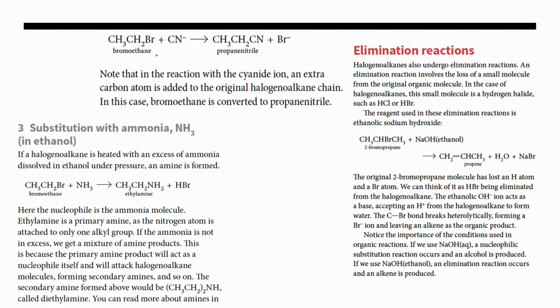In terms of producing your nitriles, you're looking at the addition of cyanide, and this is going to produce a nitrile. You have a substitution with ammonia to produce your necessary amines. This reaction occurs when your ammonia is in excess, and the solution is heated in ethanol under pressure.